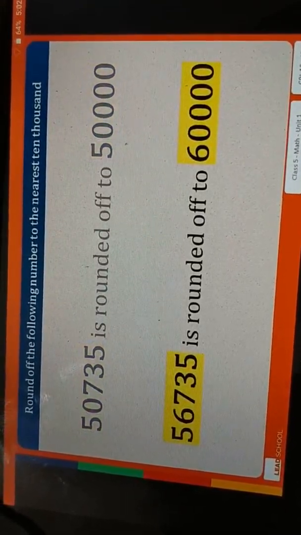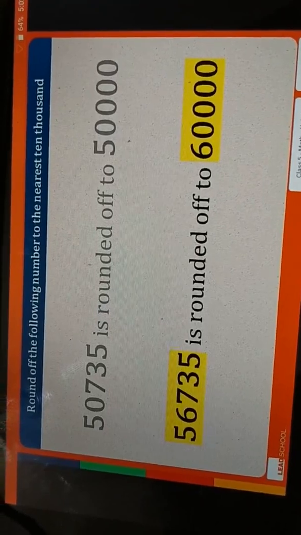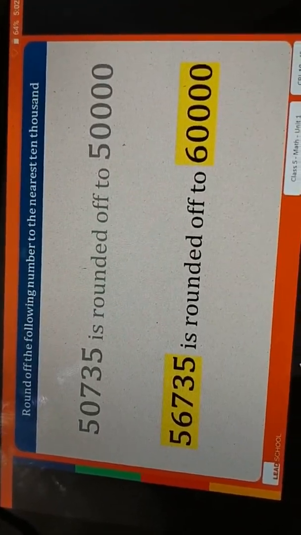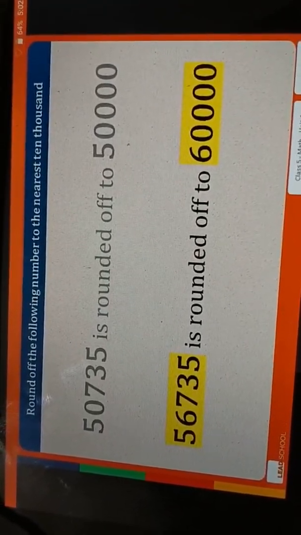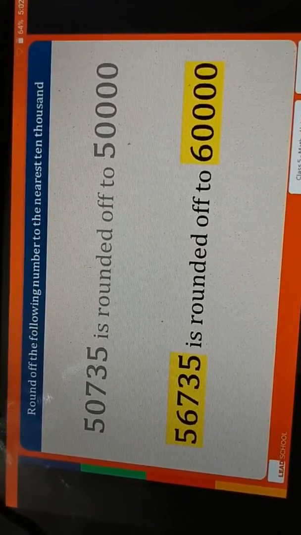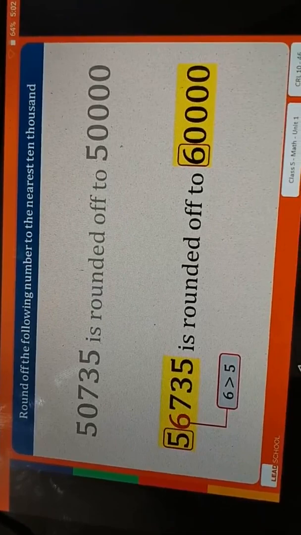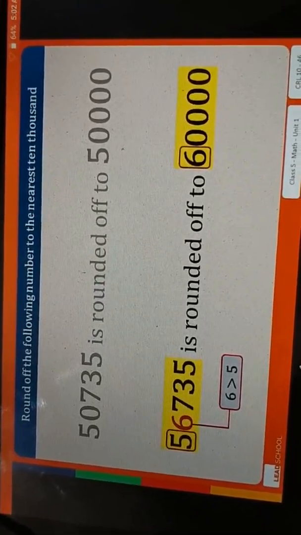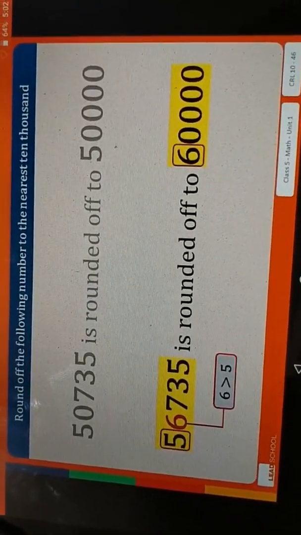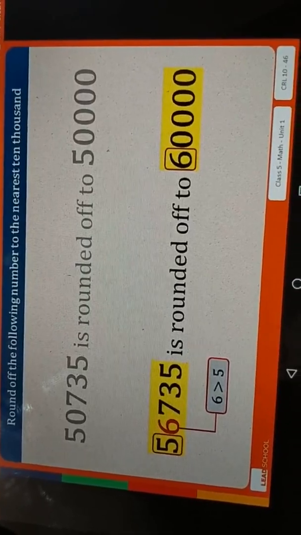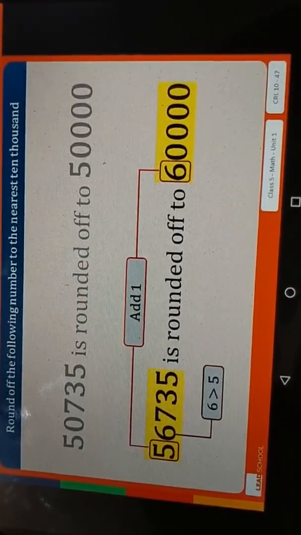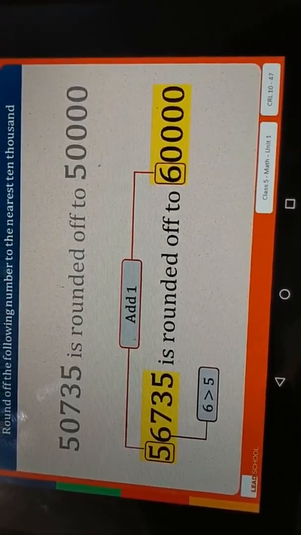Likewise, when 56,735 is rounded off, we can see that it is closer to 60,000. And this is why when the digit to the right of the rounding off digit is 5 or greater than 5, we add 1 to the rounding off digit.